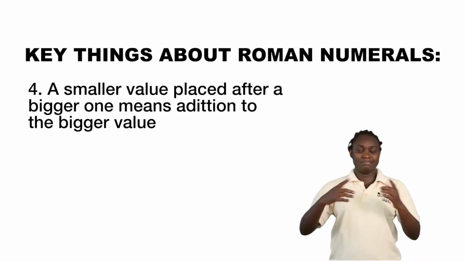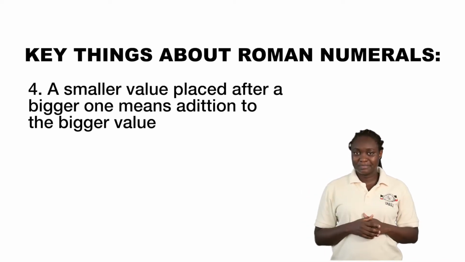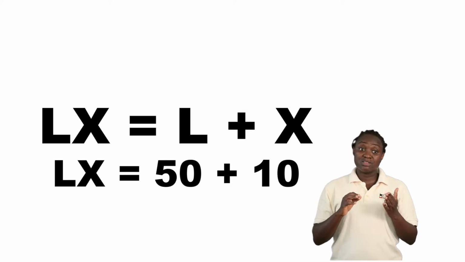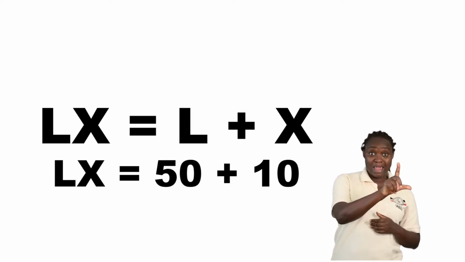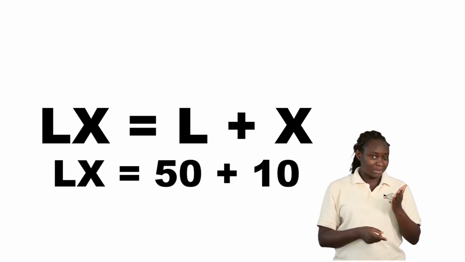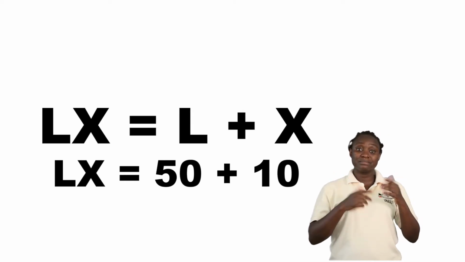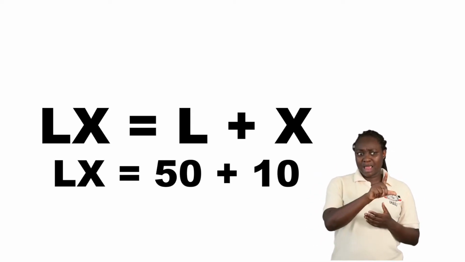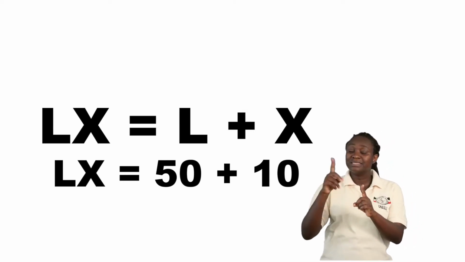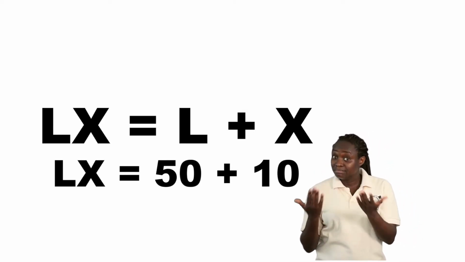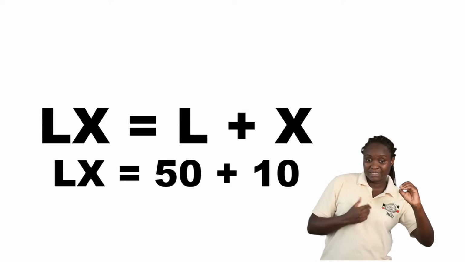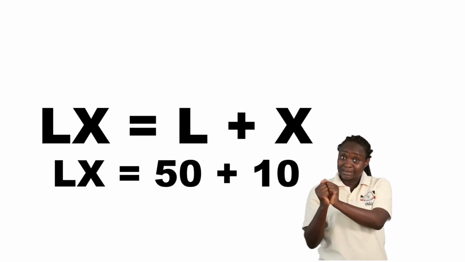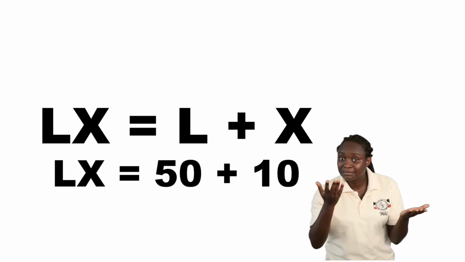Let's still use X and L. If we write L, then X, it means that we're adding the X to L. L was 50, then the X is 10. So you're adding 50 plus 10, and the answer you get will be the numeral. I think with those basics, we can try out numbers.